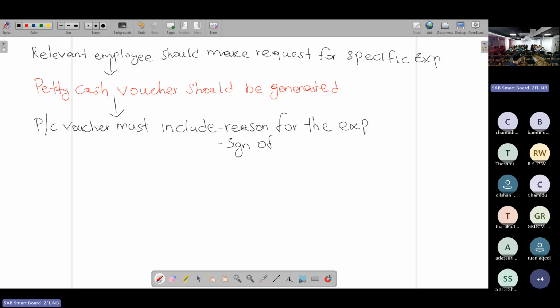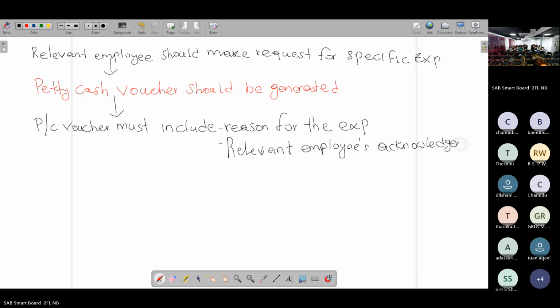Once he receives the cash, the relevant employee's acknowledgement.